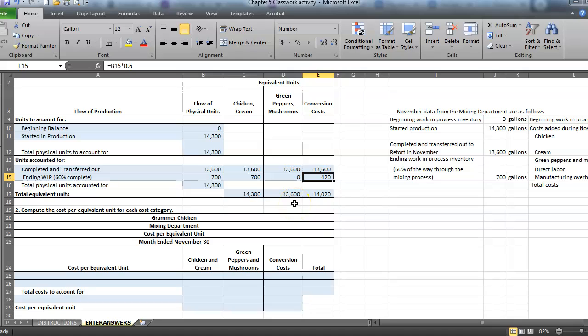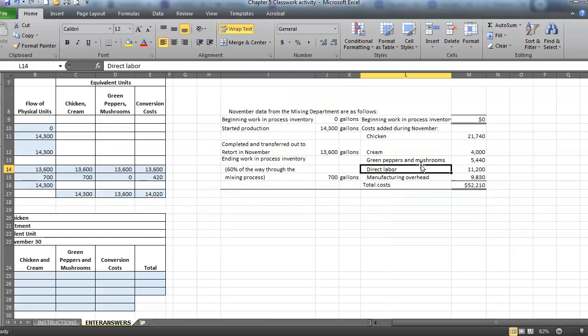Green peppers and mushrooms, again, 13,600, because the WIP has not reached this area yet. Then we have our conversion cost of 14,000, which includes the completed and transferred and a portion of the work in process, or 60%.